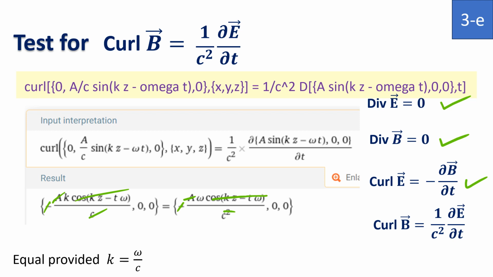So finally, we have proved that the simple proposed solution obeys Maxwell equations, which means that an electromagnetic wave with simple sine wave solution, with electric field in x direction and magnetic field in y direction, can exist.